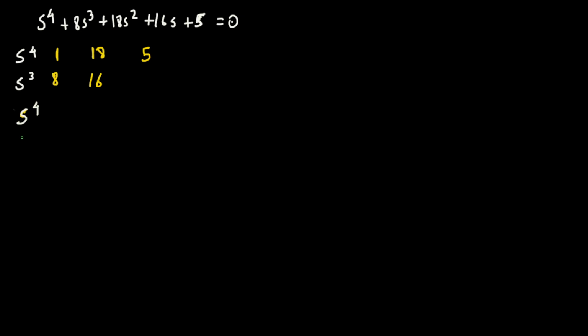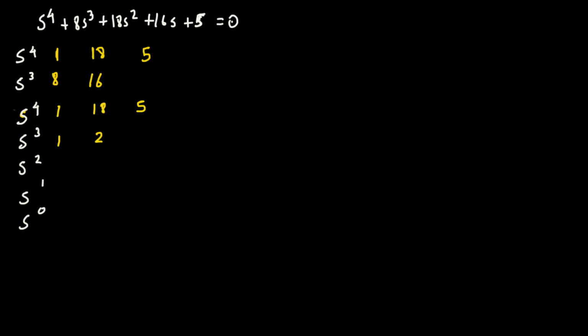The s^3 row has coefficients 8 and 16, which can be written as 1 and 2, since 16 is a multiple of 8, so we can write the simplified version. Then s^2, s^1, s^0 remain here. So if we rewrite this, it is 1, 18, 5 remain the same, and instead of 8 and 16 we put 1, 2.